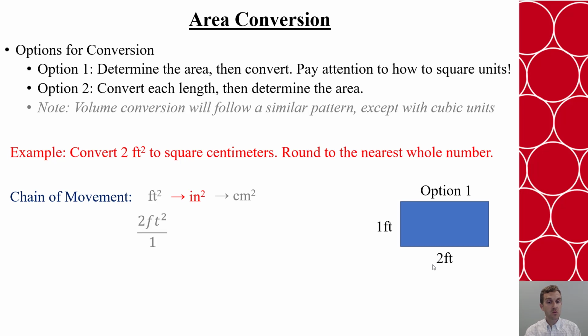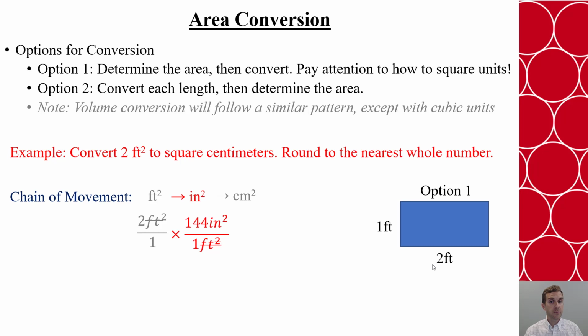So I have 2 square feet. If I'm going to convert then to square inches, I know that there's 12 inches in 1 foot, but the way to think about this with the units here is that it's 12 inches squared to 1 foot squared, because 1 times 1 is 1. So I'm going to simplify that out. That's 144 square inches.